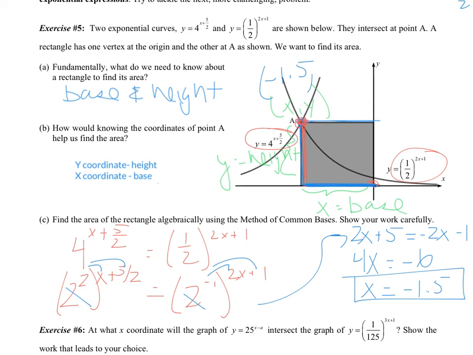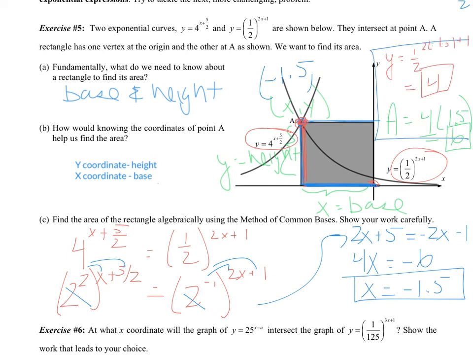I'm going to pause it and do it in this corner right here so we have some room. Okay, so in that corner you can see that I plugged, it's a little hard to see, but I did plug 1.5 in for x, got a result of 4, so therefore the area is going to be 4 times 1.5, length times width, to get an area of 6.